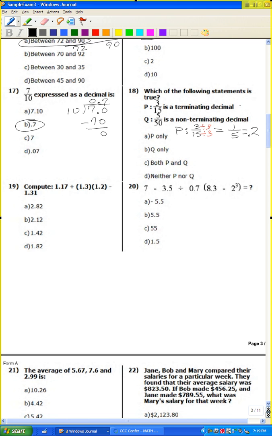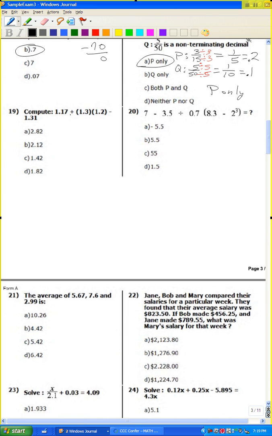So yes, that is indeed a terminating decimal. 5 over 50. Divide each of those by 5. Is 1 over 10. 0.1. Is a non-terminating decimal. Well, that's wrong. No, it's terminating. Therefore, only P is true. And so A.